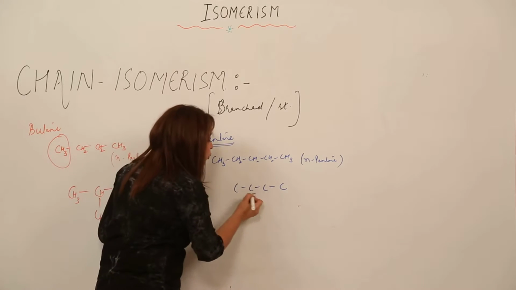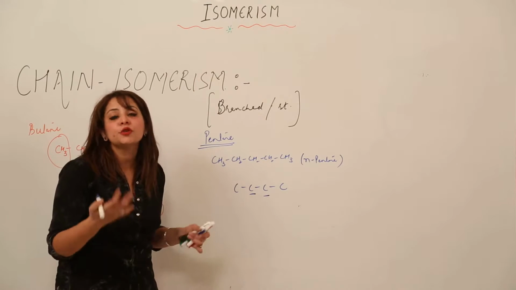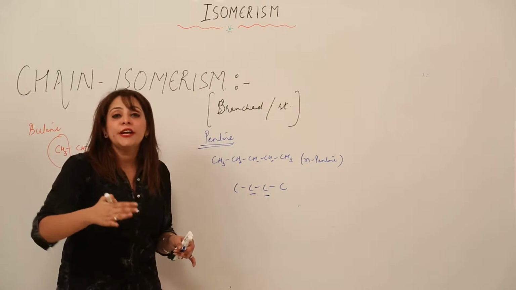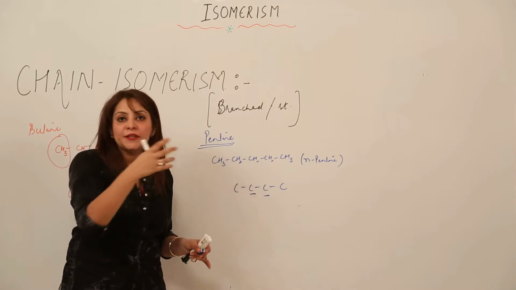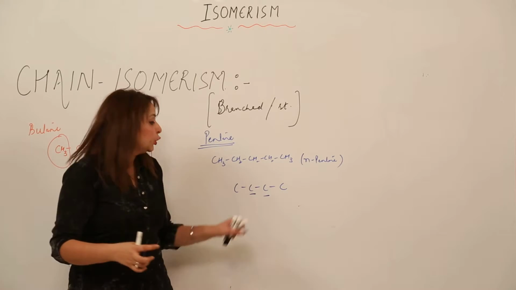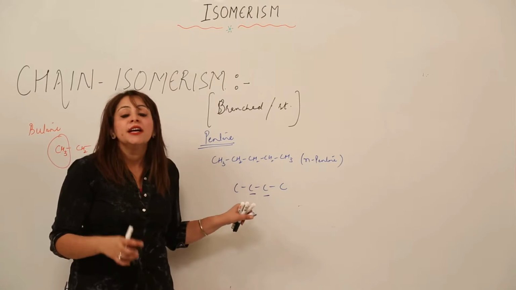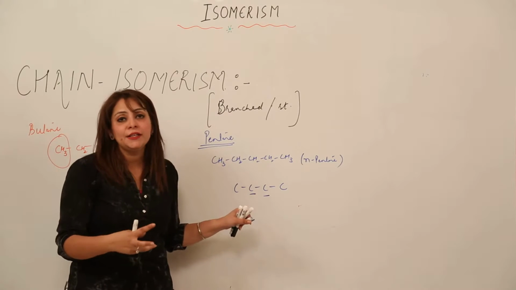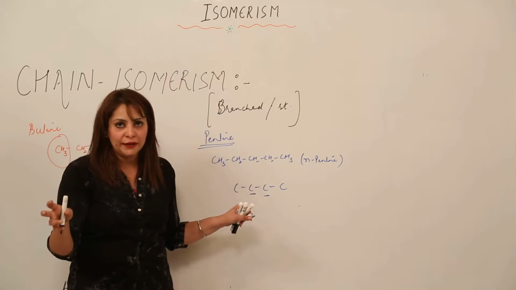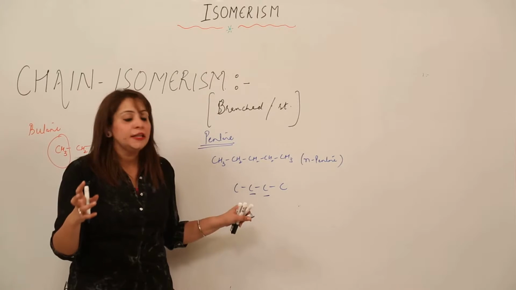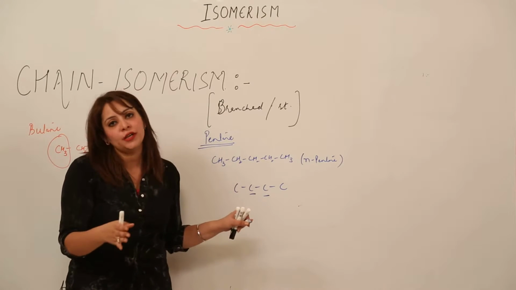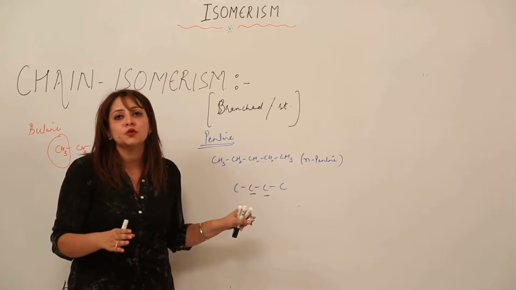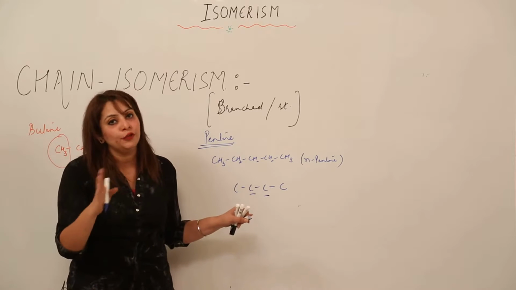Here we have 2 carbons at non-terminal positions, so we can use either, right? There is no hard or specific rule that you need to attach to this carbon or that carbon. If it is specified that you need to make an IUPAC name with the methyl group at the 2 position or 3 position, then you have to consider that. Otherwise, while making isomers, you can attach to either non-terminal carbon.